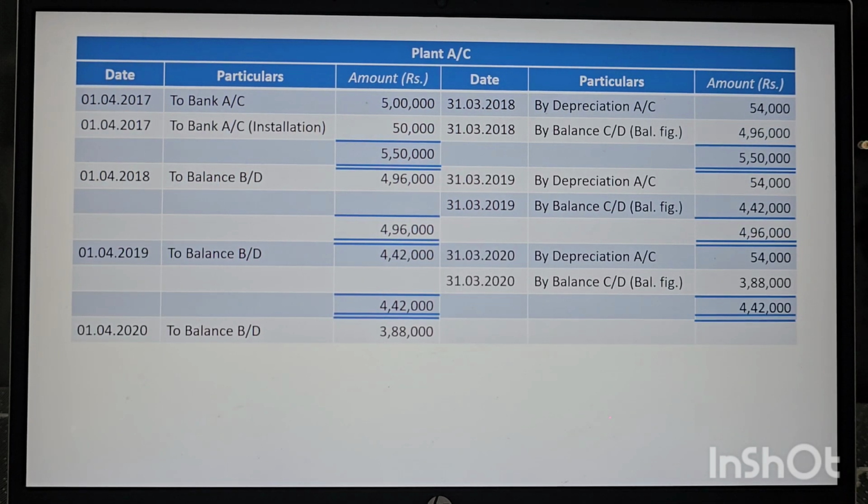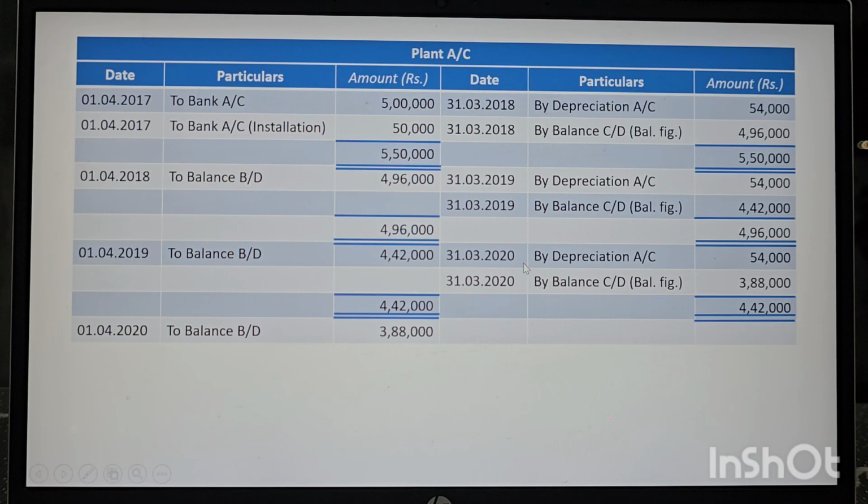Then we are doing it for the very last year, the third year of accounting that has been asked in the sum. So the closing balance of 31st of March 2019 is going to be the opening balance on 1st of April 2019, as 4,42,000 to balance BD.